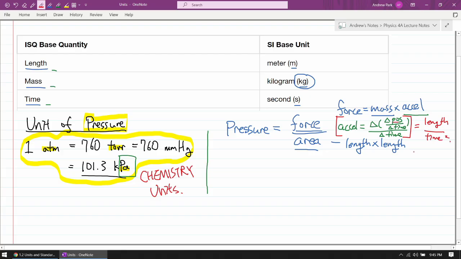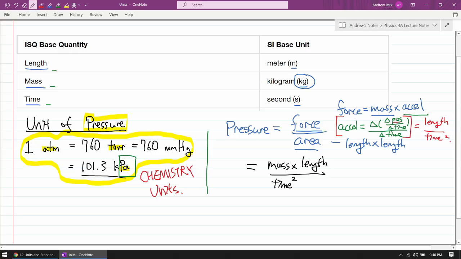So to wrap it all up, to describe the unit of pressure, we can describe it as this combination of length, mass, and time units. The combination is: one factor of mass in the force, times the acceleration, so one factor of length, and in the acceleration we have two factors of time dividing, time squared.